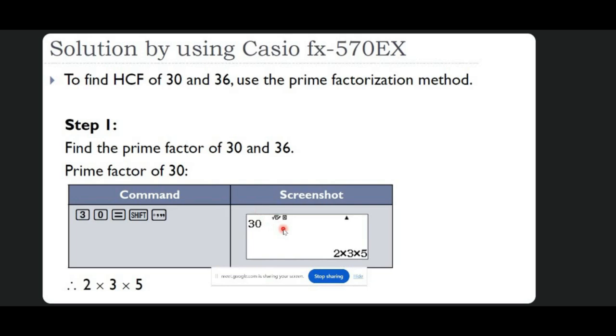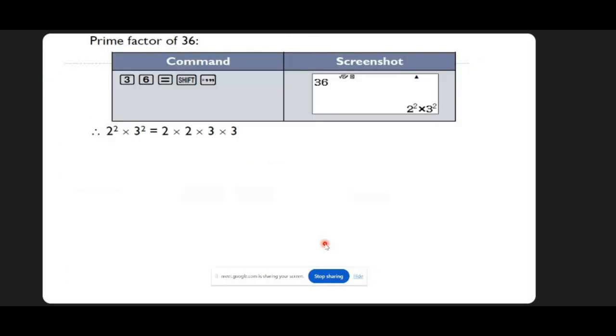For 30, the prime factors are 2, 3, 5. Same steps: press 30, equal sign, Shift, FACT. Then you will get the answer for 30. For 36, same thing, equal sign, Shift, FACT. Then you will get 2 square times 3 square, which means 2 times 2, 3 times 3.